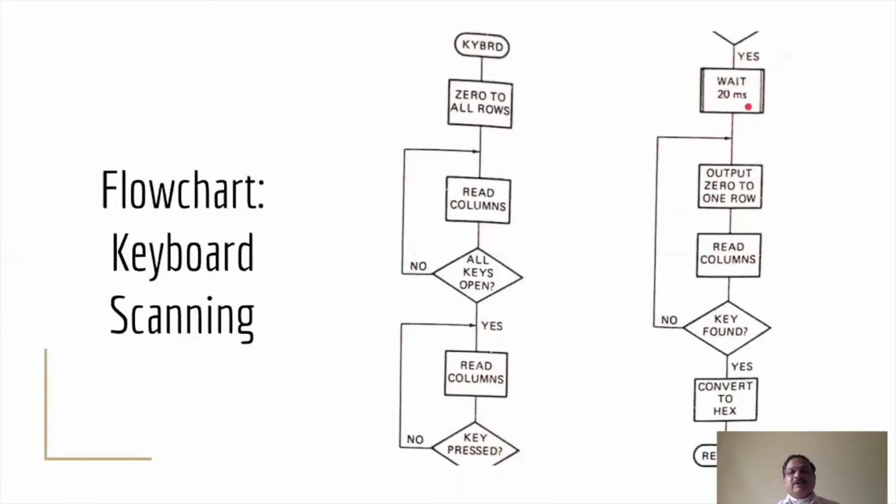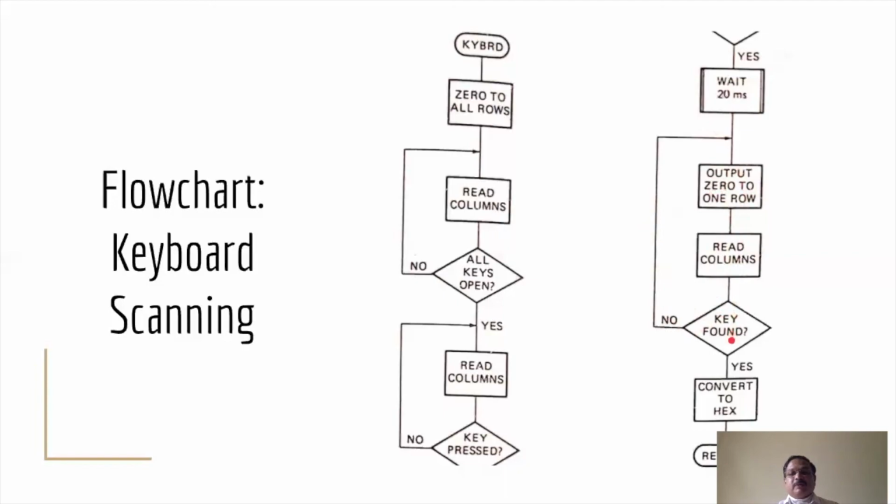So for correct identification, this debounce period is provided. Then it will output the 0 on one of the rows and read the columns, to see whether the key is found. If no key is found, go back. Then output 0 on the next row. So like that the process will repeat till the key is found.